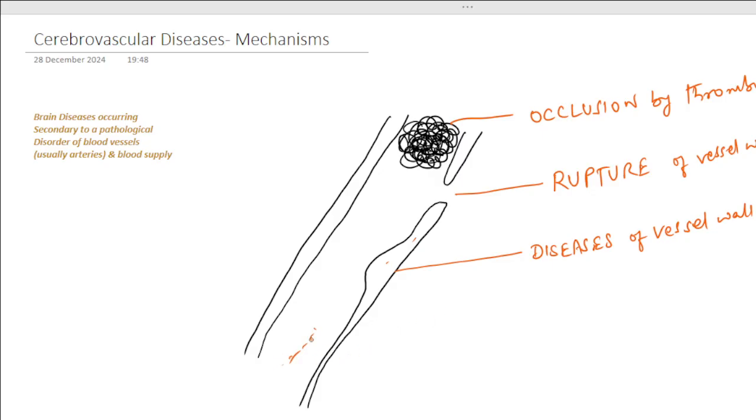Suppose the blood particles are moving here and some changes are there in this. So what are we going to say this? This is disturbance of normal properties of blood. If you summarize all the risk factors, everything, you find this only.